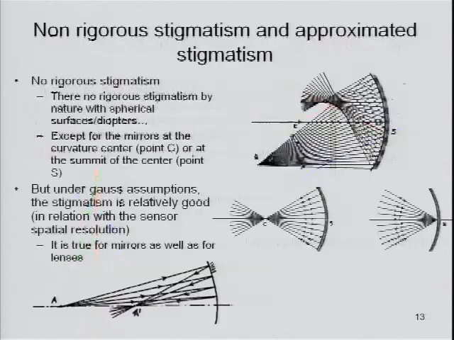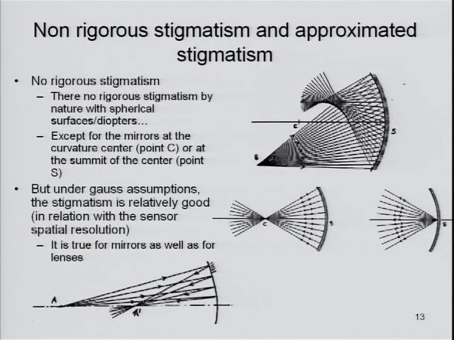So the big problem is that spherical lenses and spherical mirrors, which are quite common optical components, are not stigmatic by nature. As we can see on the sketch at the top right, this is a concave mirror.